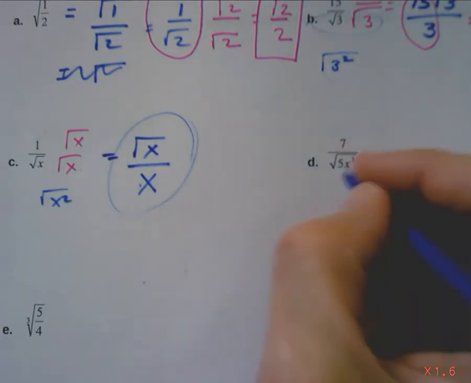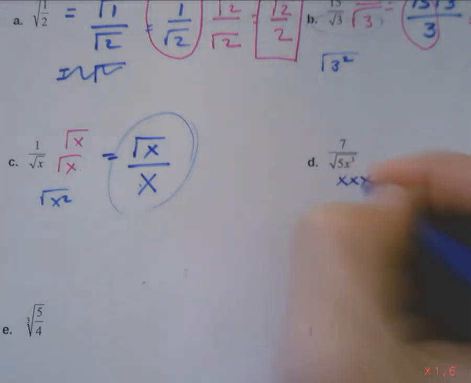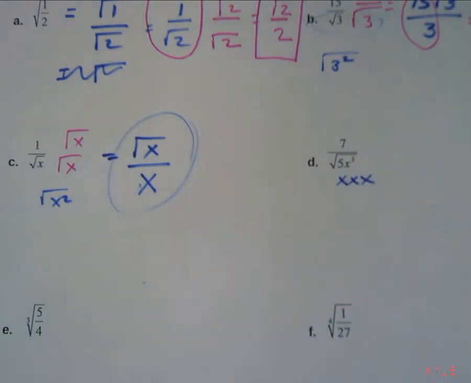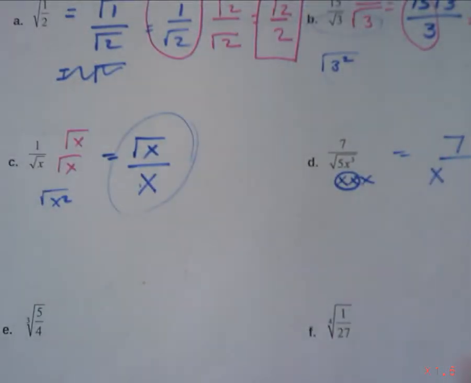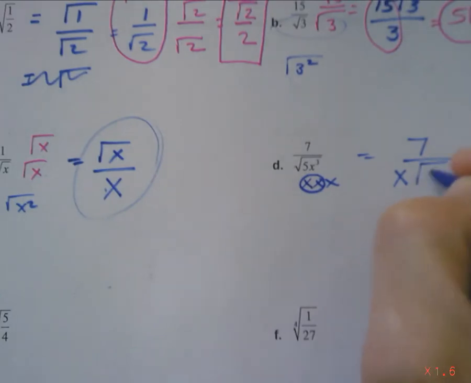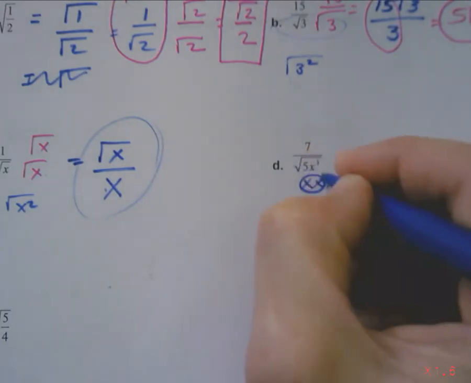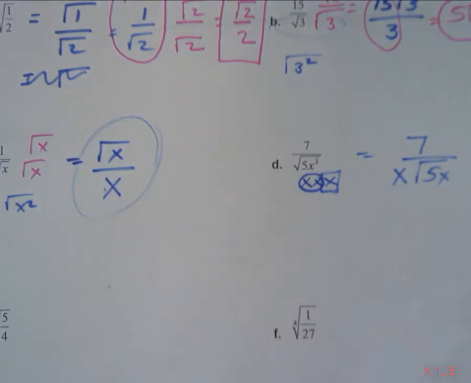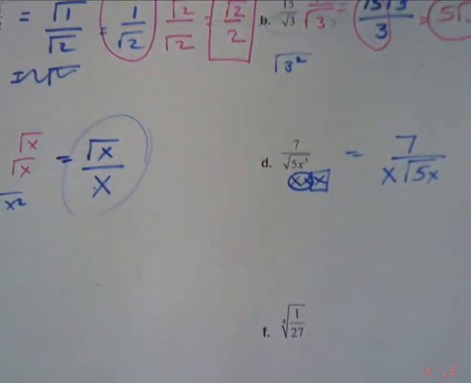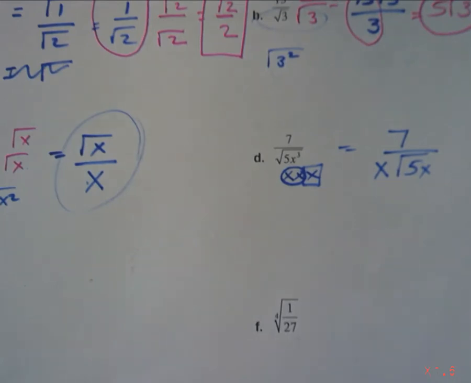But if I look at these x's, x, x, x, I got a pair of x's here. This is really 7x. And then left on the inside is that 5 and this x. So far, so good? Any questions of where I'm at right now?